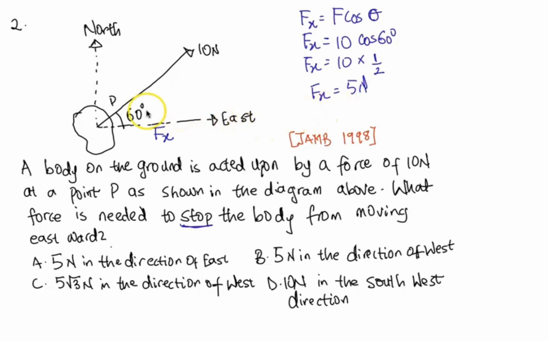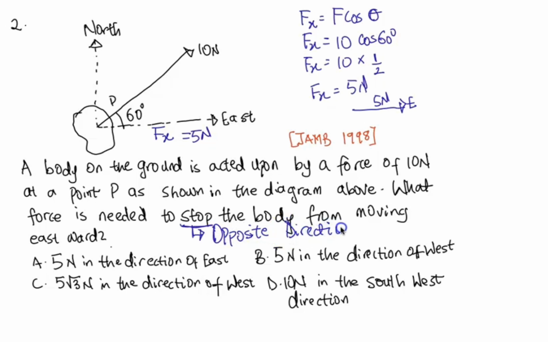So it simply means that this body or this object is pulled towards the east with a force of 5 Newton. So we have something like this, 5 Newton pulling it towards the east. So meaning to stop it, we have to apply a force in the opposite direction. So to stop a body, you are going to counter it in the opposite direction.